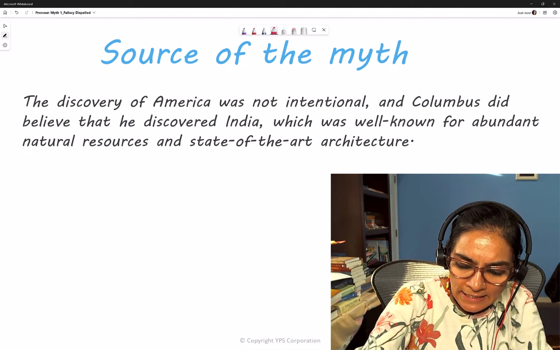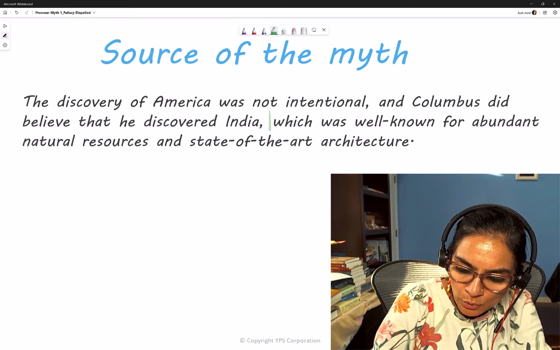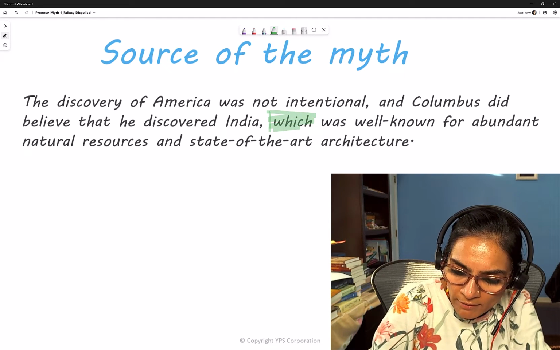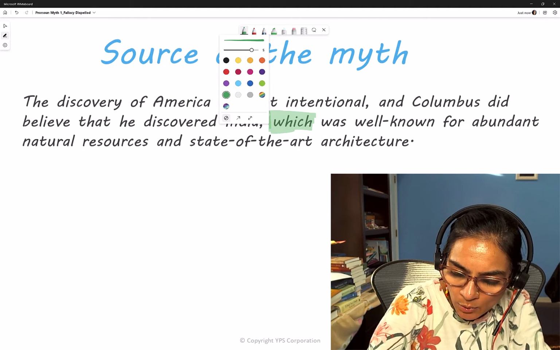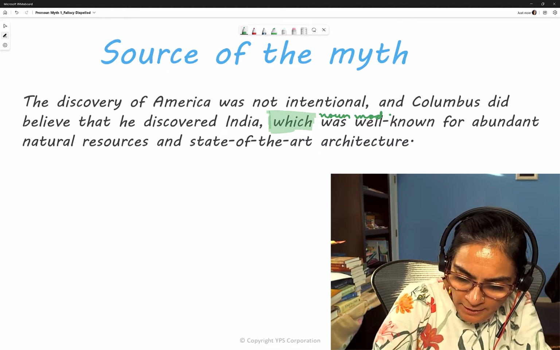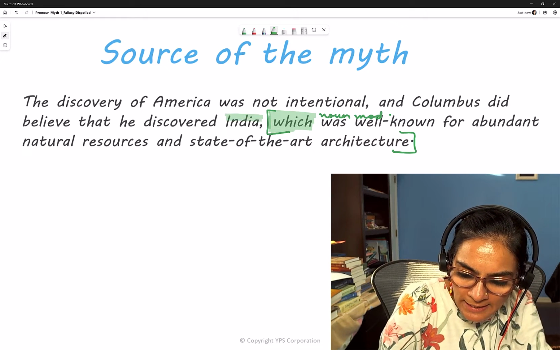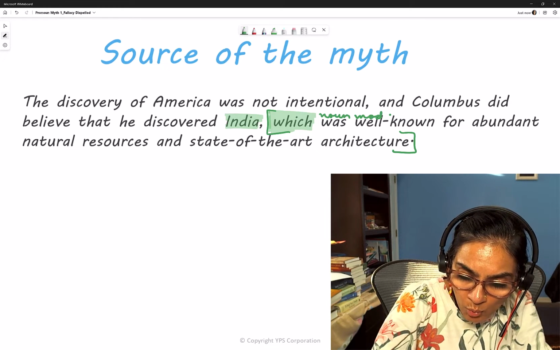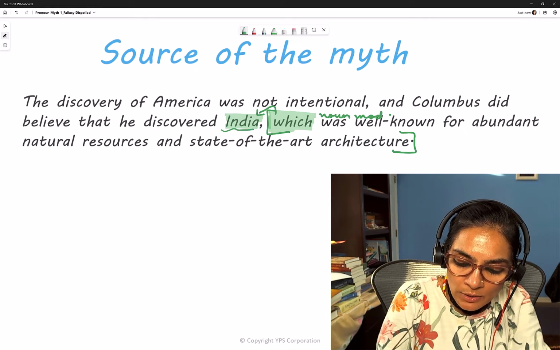So this sentence is slightly different from the earlier version in that this sentence uses the noun modifier which in place of the pronoun it. And this noun modifier, this entire structure here, correctly modifies the preceding noun India. What does it do? It describes this noun India.